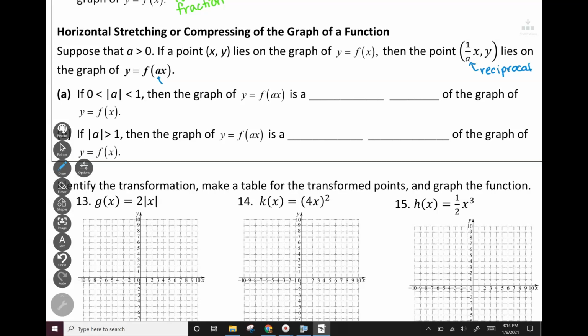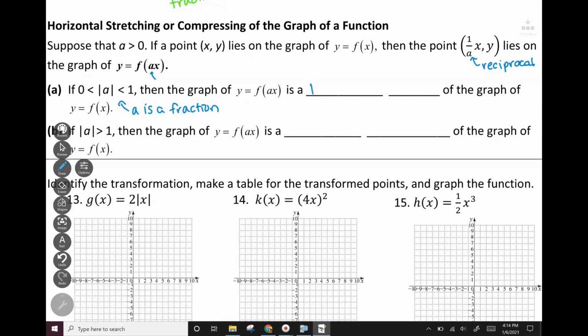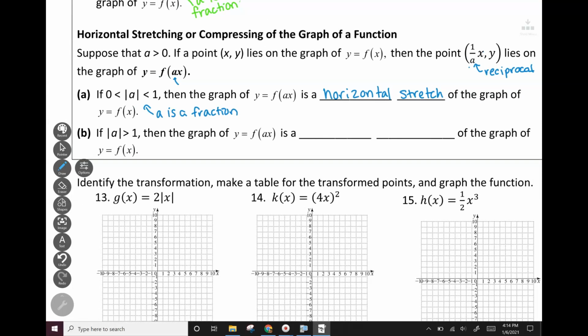Okay, if the absolute value of a is between 0 and 1, so a is a fraction, then it's going to be a horizontal stretch. And that's because you're taking the reciprocal of a and multiplying it times the x value.